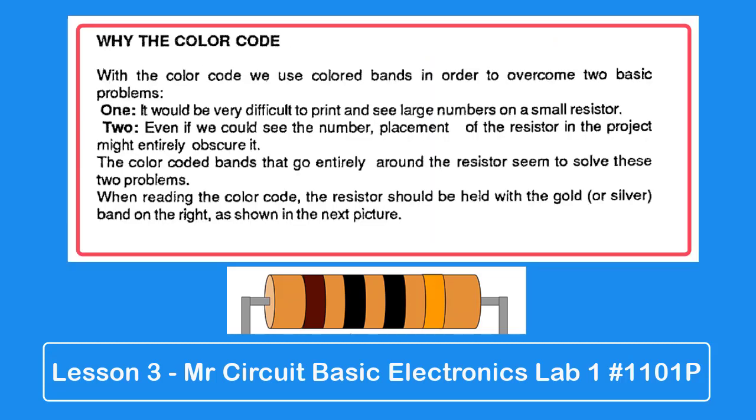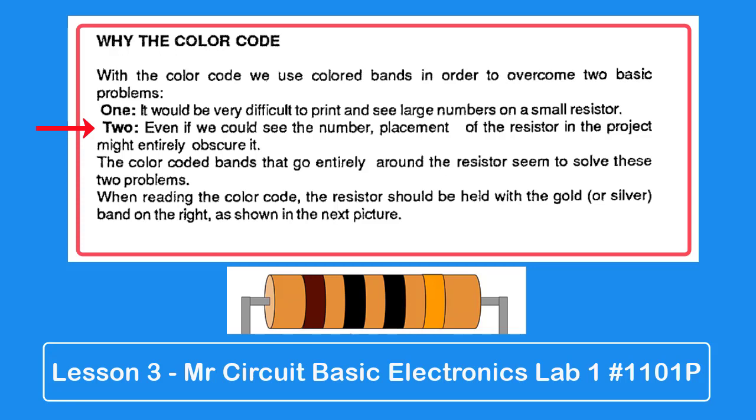Why the color code? With the color code, we use colored bands in order to overcome 2 basic problems. 1, it would be very difficult to print and see large numbers on a small resistor. 2, even if we could see the number, placement of the resistor in the project might entirely obscure it.